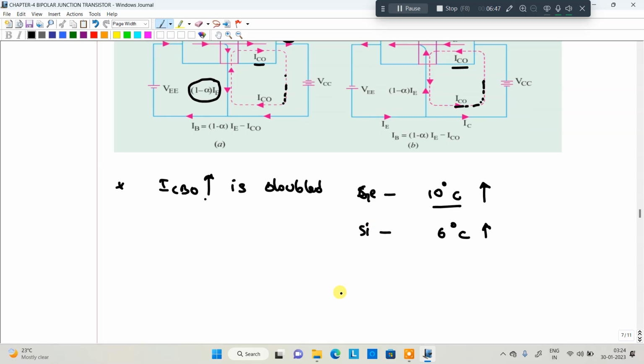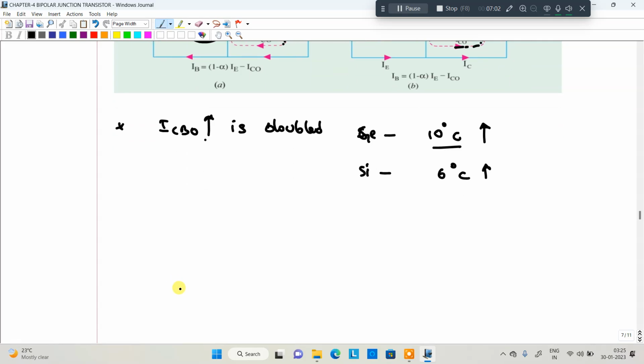In the examination, there might be a chance to get one question from this. Now, the leakage current depends upon the temperature. So finally, IC is equal to alpha into IE plus ICO, that is the leakage current.